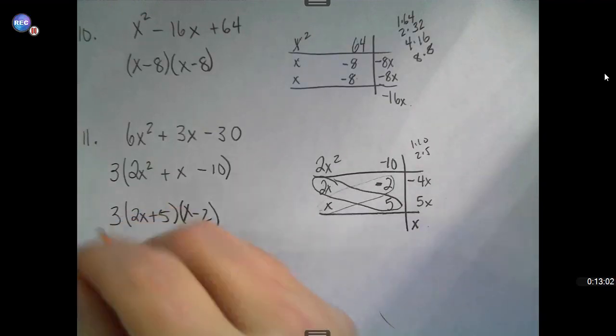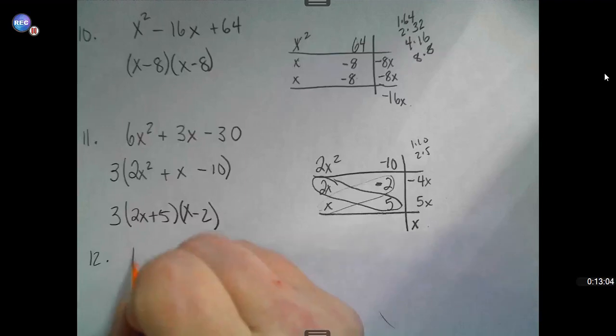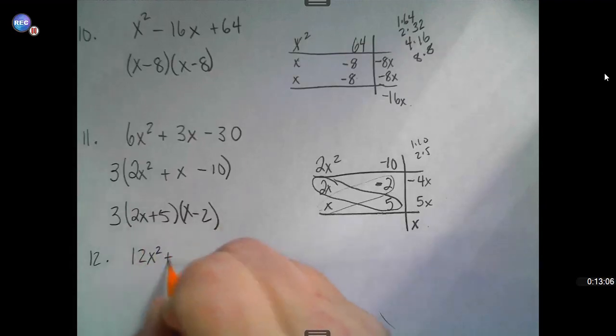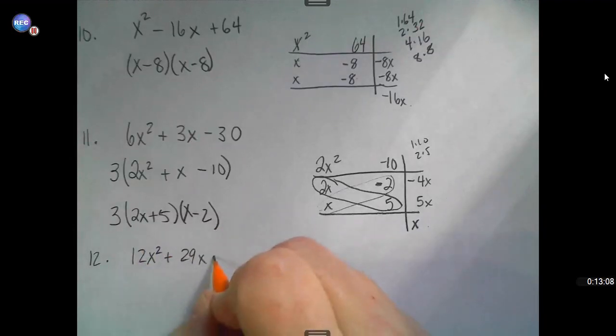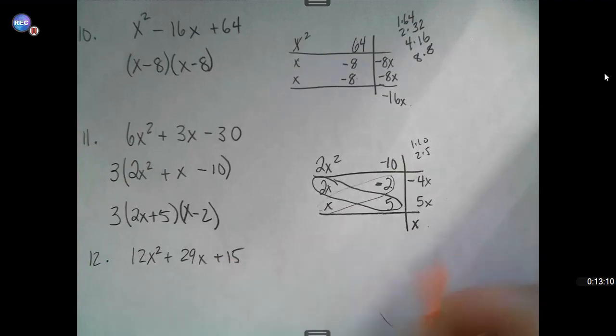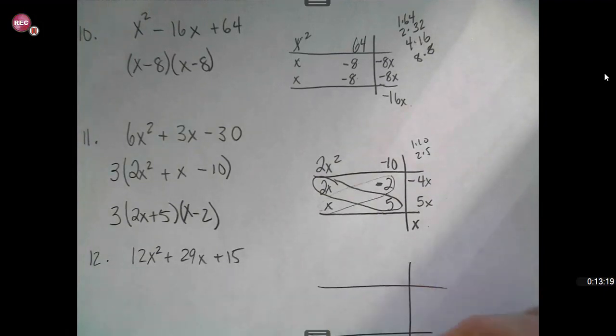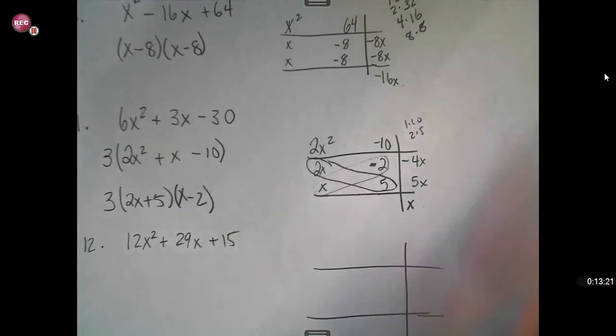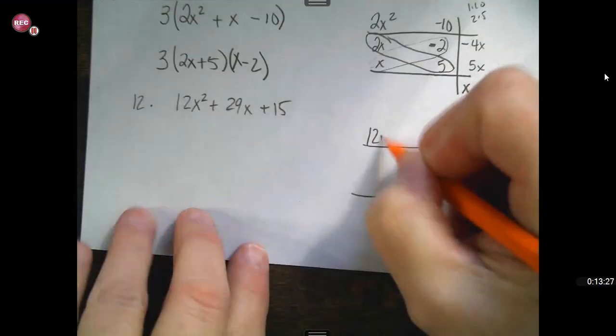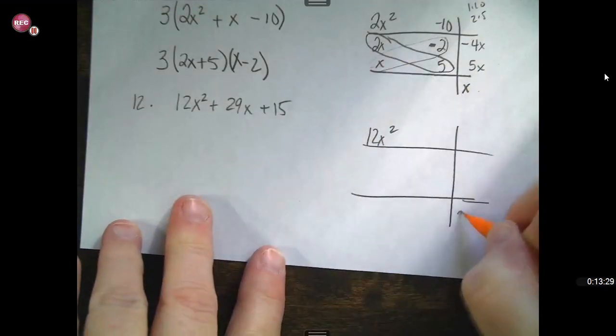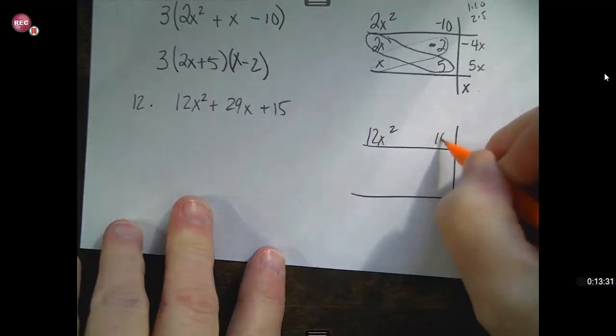12. 12x squared plus 29x plus 15. And 29 is prime, so there's no greatest common factor. We just go, it's a trinomial, so we go straight to our factor puzzle. 12x squared goes here, 29x, 15.